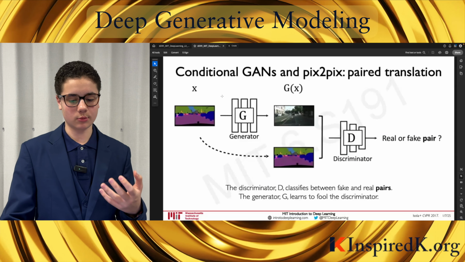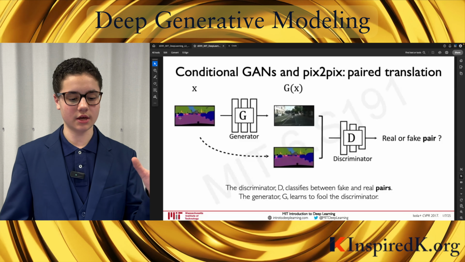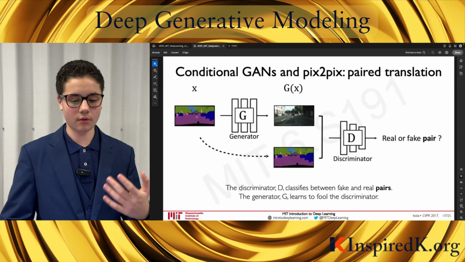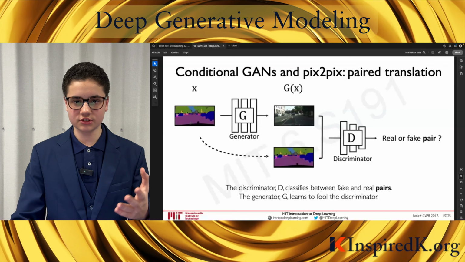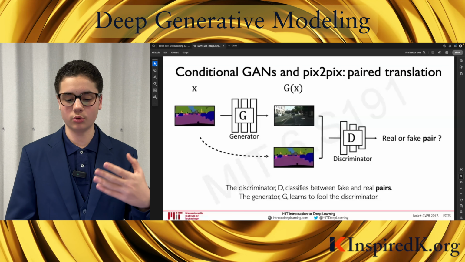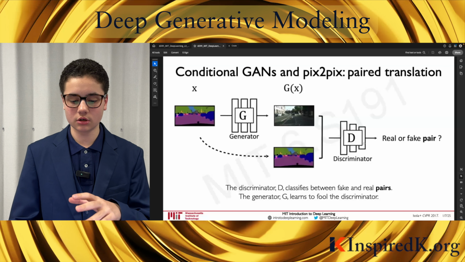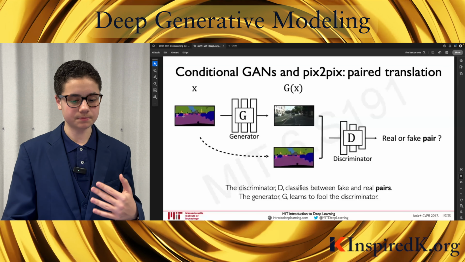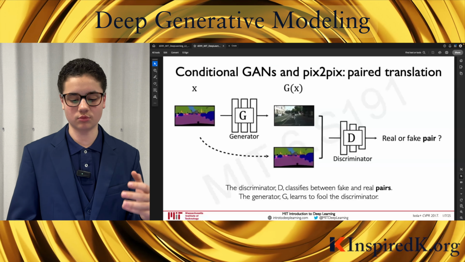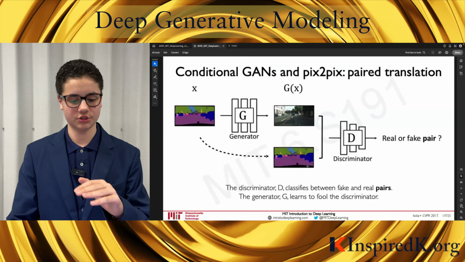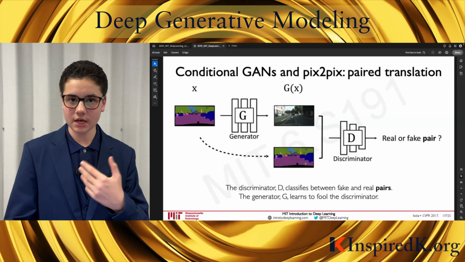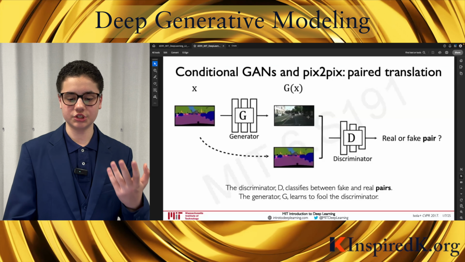Let's say that we want to convert from a specific representation of different parts of an image, and we want to have a generator that takes this representation and turns it into an actual image. Then our discriminator wants to compare this representation with the actual generated images. We want to see if the original representation we wanted to generate is actually comparable to what was generated.